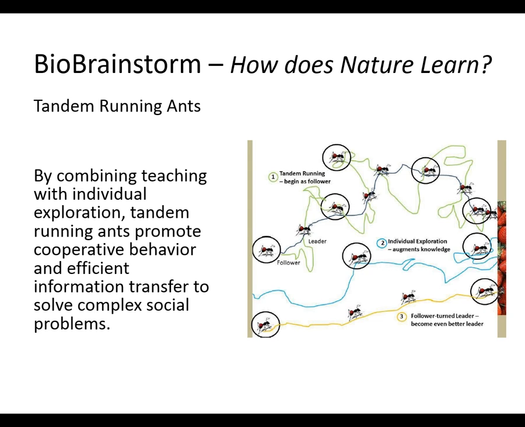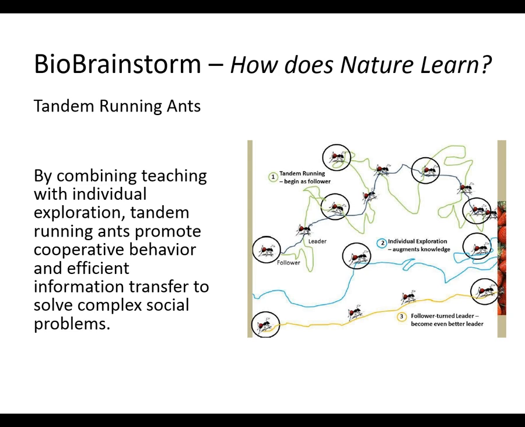And they've developed this efficient communication system. They call it cooperative communication, where they actively share information with others, and through this information sharing they bring about cohesive collective action. And so tandem running is actually a communication system that these ants use to share information.